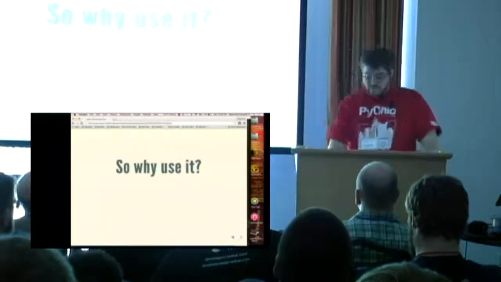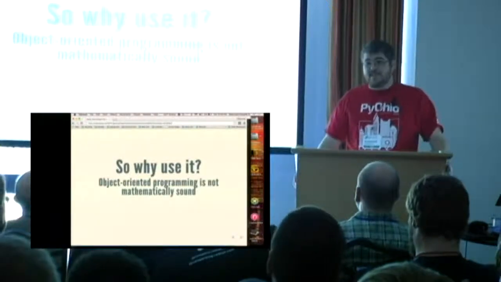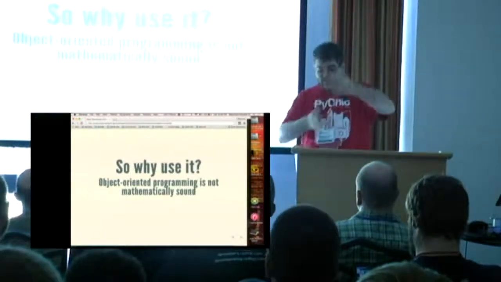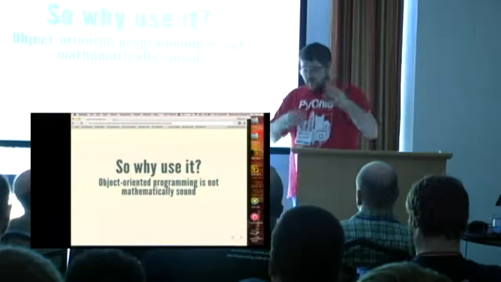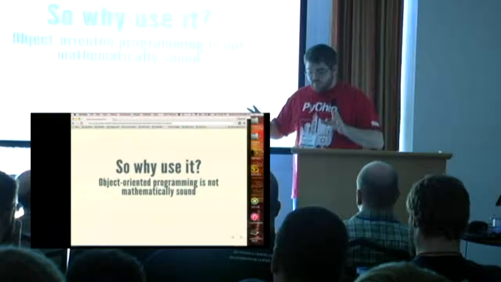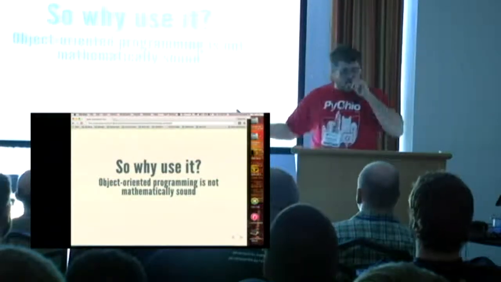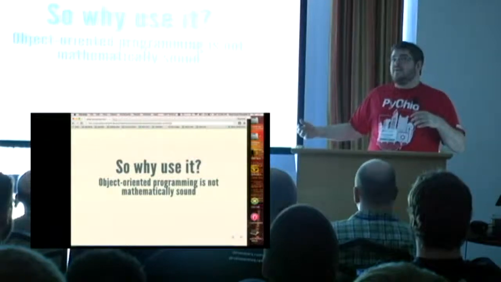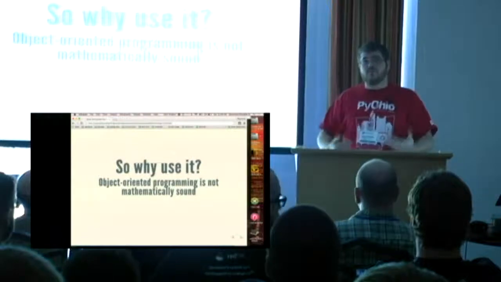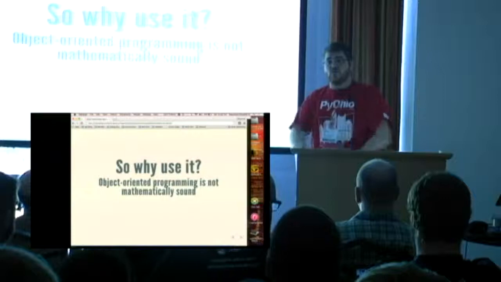So why use functional programming in Python? Object-oriented programming is not always mathematically sound. If I write classes and those classes have functions in them, and I'm using this object-oriented method, and if you've got Java in your Python, God forbid, you've got factories and builders and all these other things going on in enterprise code, that stuff is prone to error, right? There's no easy mathematical proof you can write out and say this is always going to work this way.